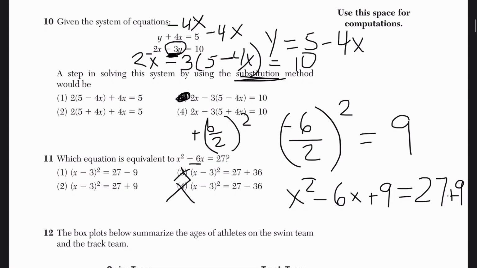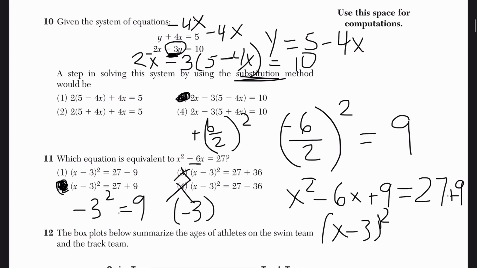Then we should know that this factors to x minus 3 squared, but that's kind of obvious because both the answer choices left factor that anyway. And we're just going to look and see plus 9. And the only reason you might have got minus 9 is when you plugged negative 6 divided by 2 squared into your calculator, or negative 3 squared maybe, you forgot parentheses because that's going to give you negative 9 in your calculator.